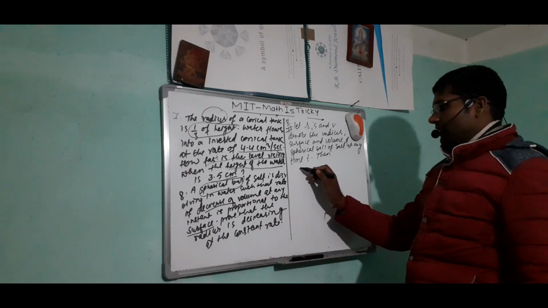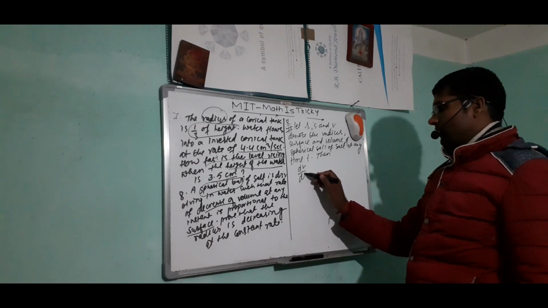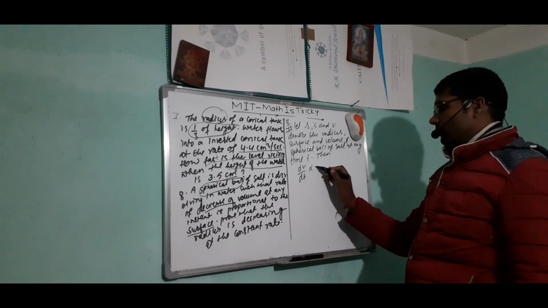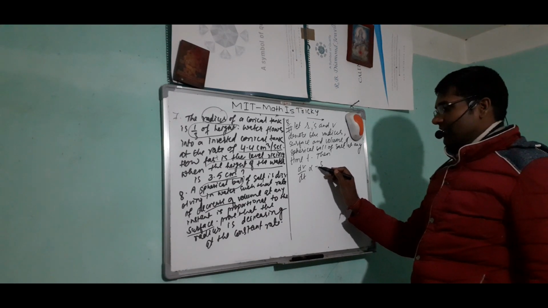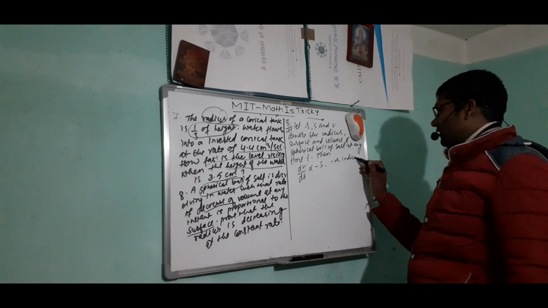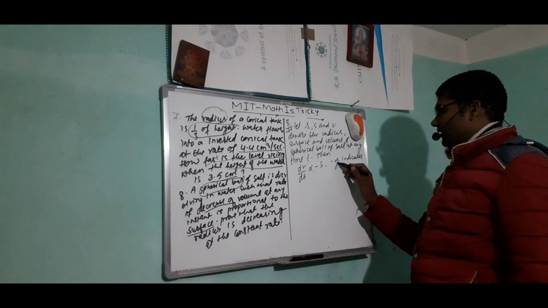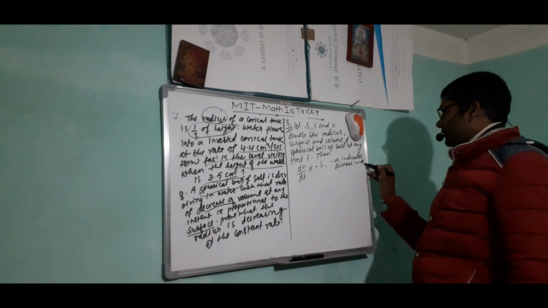Volume is decreasing, so dv by dt is proportional to minus. Yes, minus means decrease. So minus indicates decrease in volume.